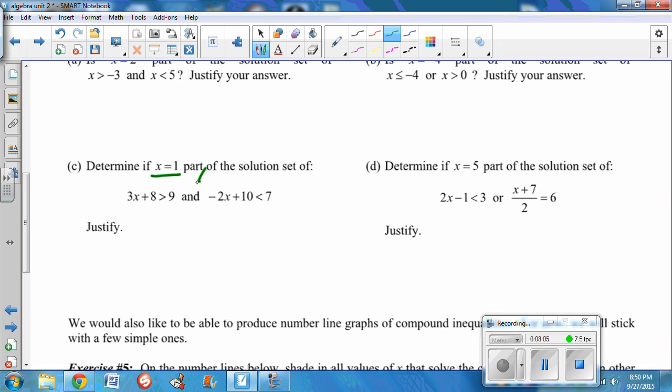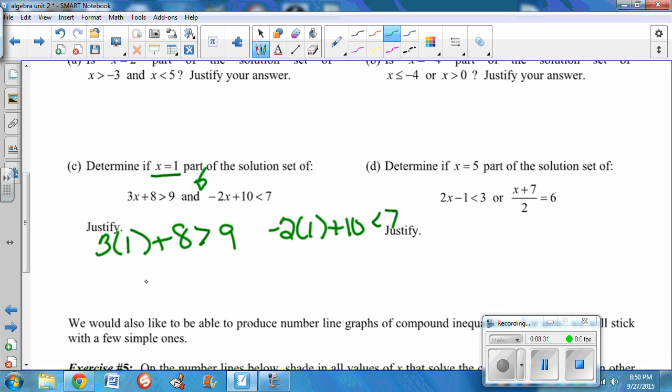So now we look at our connector and we have and. Okay? So it says justify. So our justify is going to be taking that 1, substituting it in to that first part of our inequality, and then taking the 1 and substituting it in to the second part of the inequality. And now let's determine both truth values.